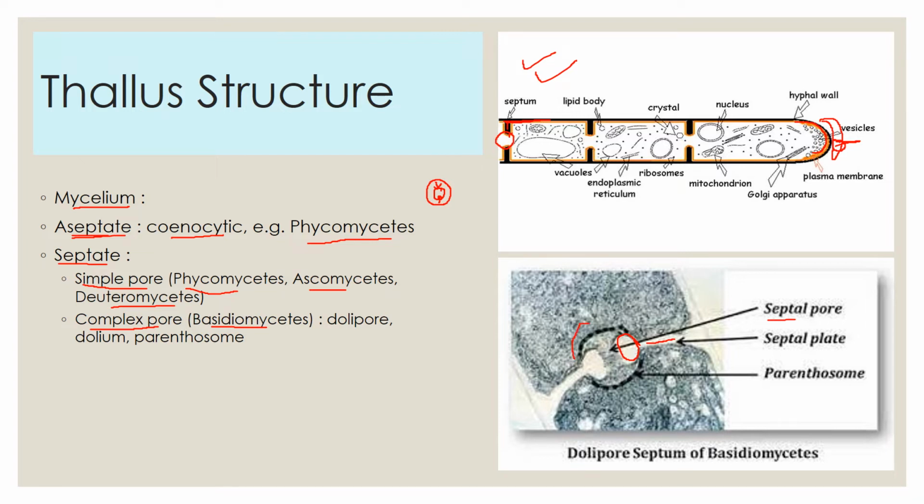As here we see, this collar-like structure is called the parenthosome. So this type of complex pore is also called the dolipore, and this type of arrangement is found only in the Basidiomycetes.